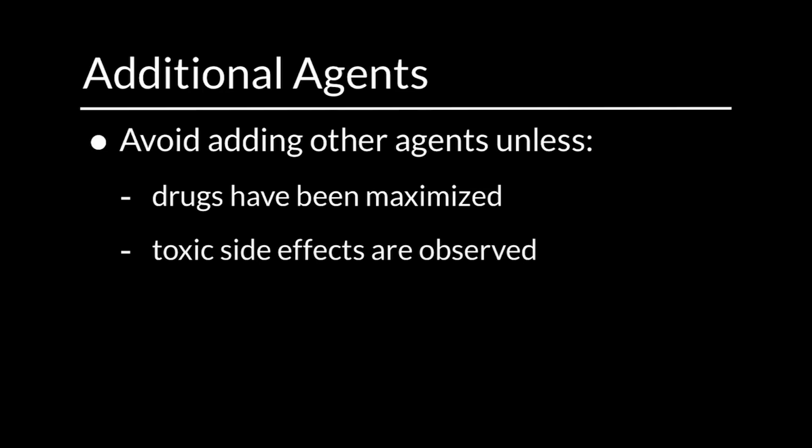We will try to avoid adding other agents to that basic mix of narcotics and benzodiazepines unless we have really maximized those drugs, or if we start seeing toxic side effects that limit our raising them further.